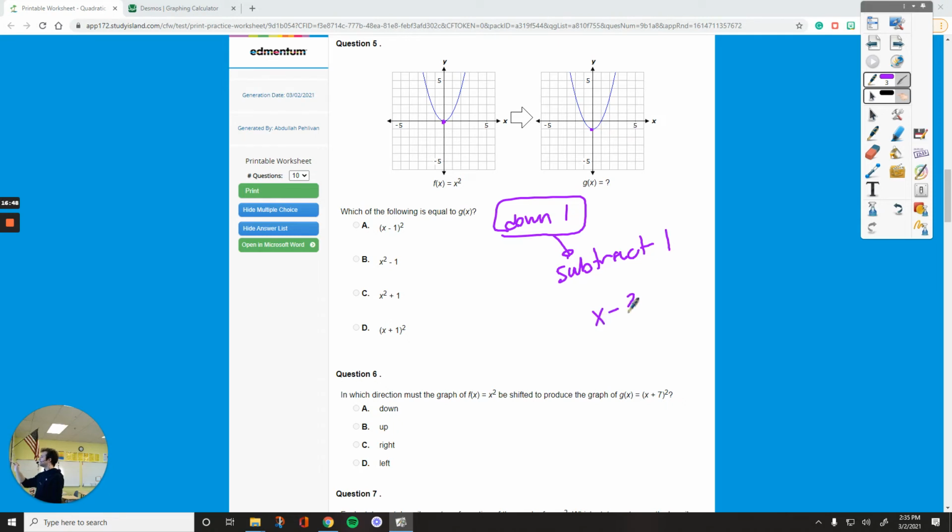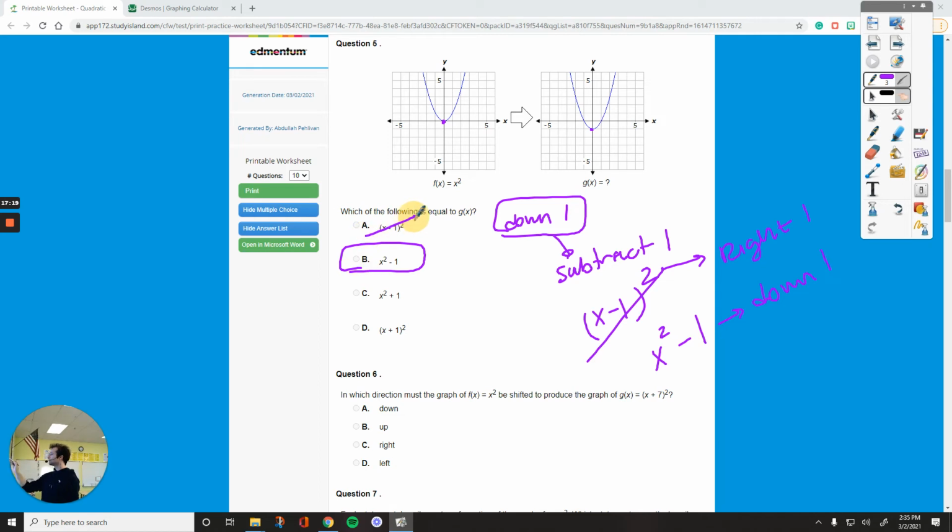But you don't want to see something like this in the answer, because this is wrong. This is not subtracting 1 from the whole thing. It is just subtracting it from the variable. That represents a horizontal movement. When you have x squared minus 1, this represents a vertical movement. That means down 1. So that's what you're looking for in the answer, this right here.